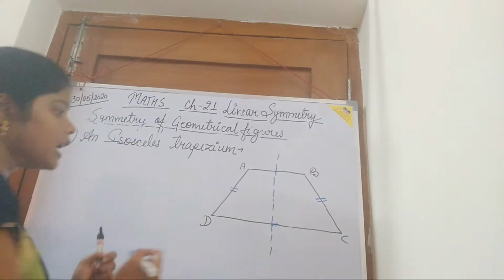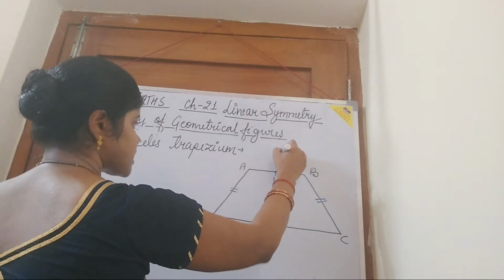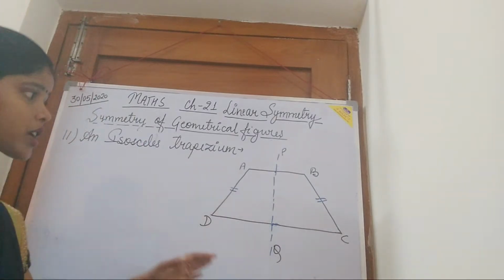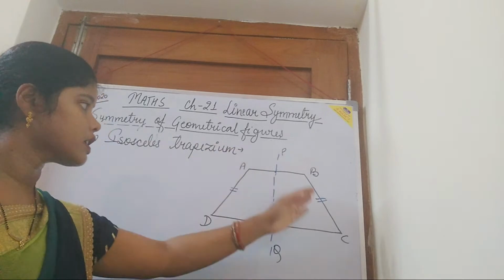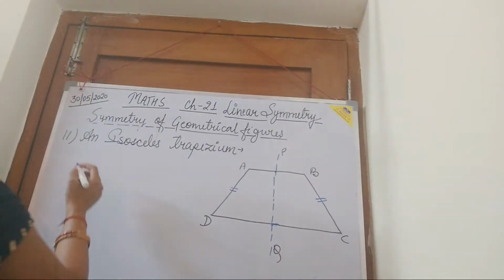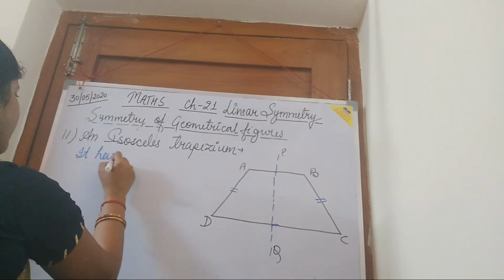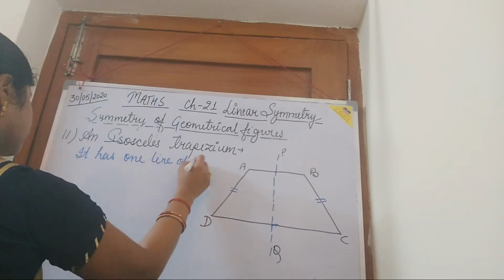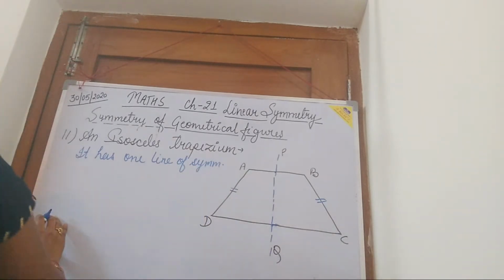So this vertical line of symmetry, name it PQ. This PQ divides the isosceles trapezium into two identical parts, and these parts exactly overlap with each other. So how many lines of symmetry does an isosceles trapezium have? One line of symmetry.